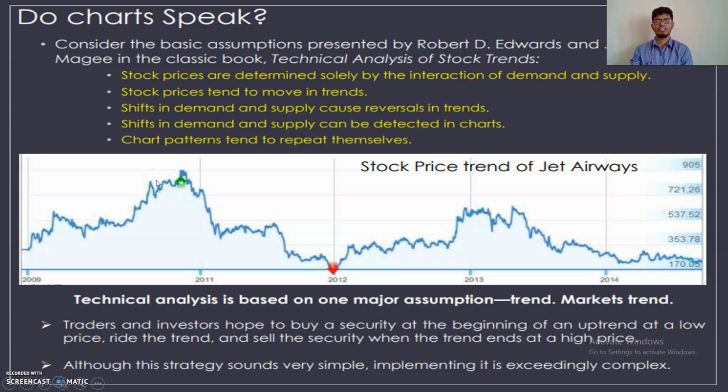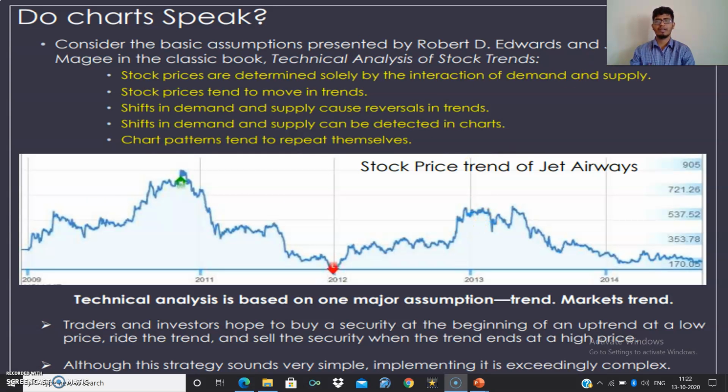Chart patterns tend to repeat themselves. That means the patterns are here. See, this is the increase, once again a decrease. Once again the increase, once again the decrease. Like this, the patterns will be repeated. That is what is said by Robert D. Edwards and John Magee, who wrote the book Technical Analysis of Stock Trends.